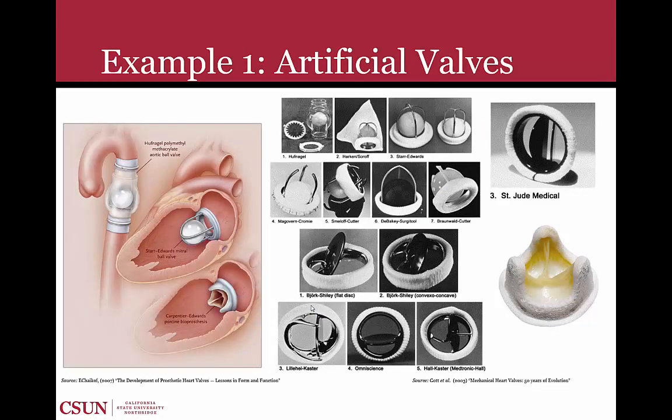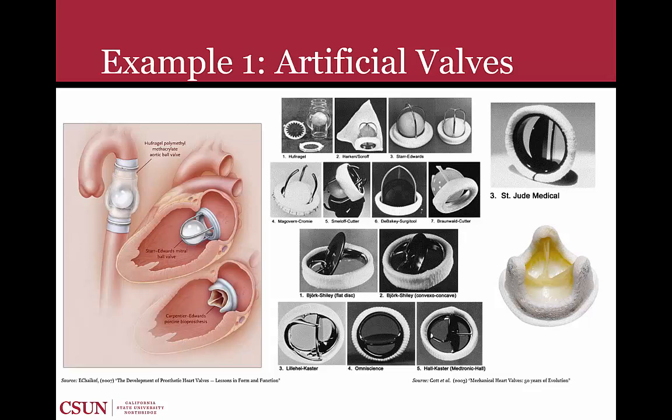Alright, so I like to interject some of the physiology with some actual engineering things here. So an example of, we talked about valves and how they allow for one-way flow, and they're complicated structures that have chordae tendineae.